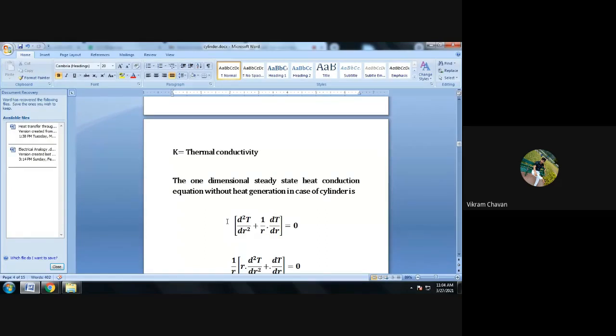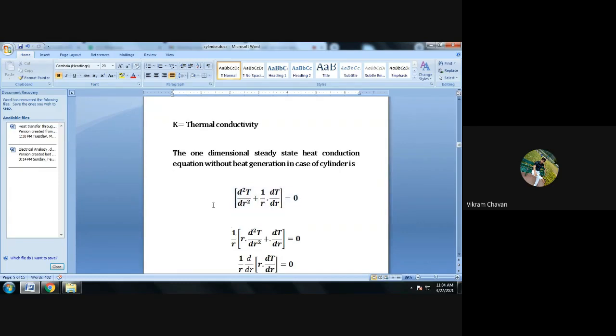For steady state there will not be the del T by del t term, and for no heat generation the q suffix g term will be 0. Finally, it is one-dimensional and heat flows only in the radial direction, so we have to consider only the r axis, and we deduce the equation from the general heat conduction equation in this manner.